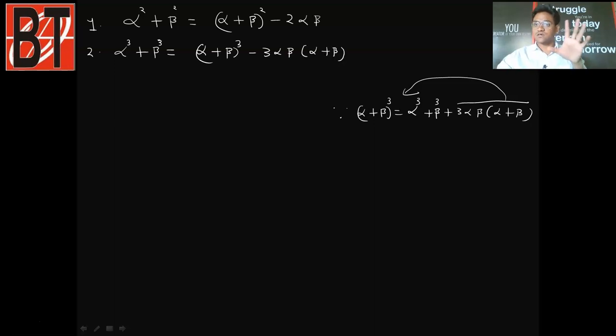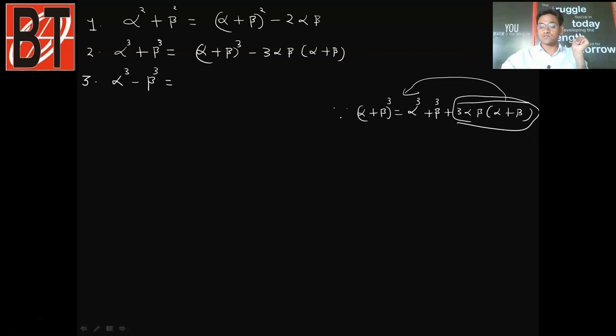Okay students, this complete term is a single term because I didn't open the bracket. I just transposed the whole term to the other side. Clear students? So I'll use this identity for calculating alpha cube plus beta cube. Now students, suppose in a similar way I want to calculate alpha cube minus beta cube, that means the difference of their cubes.